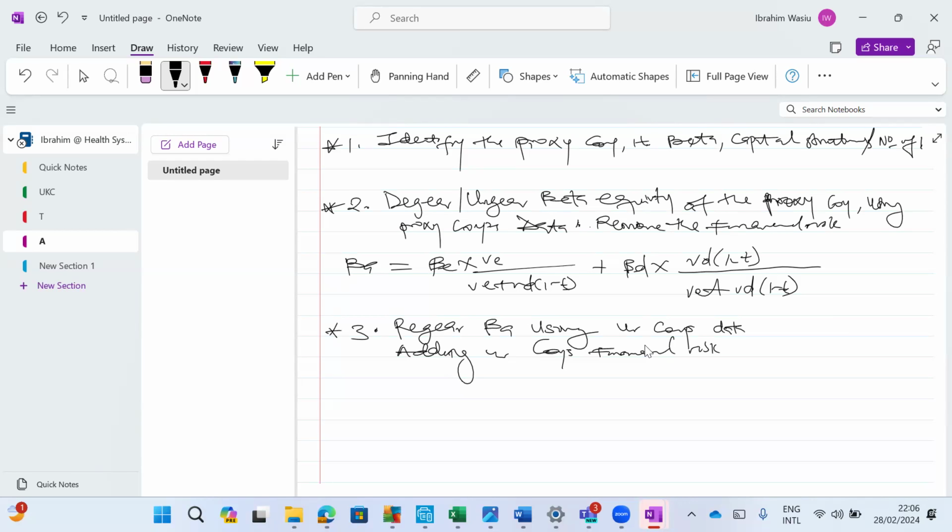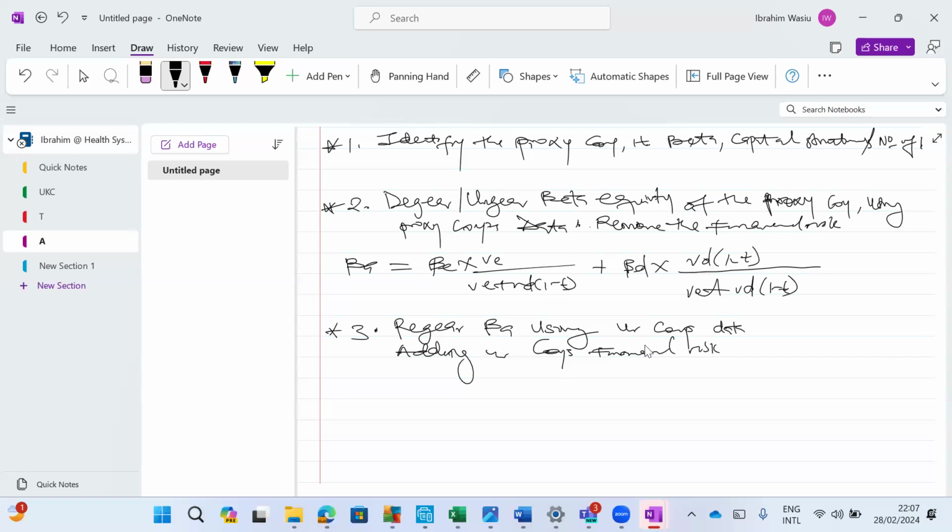Why you are adding it and why you are removing it, let me tell you why. You've checked the proxy company, their own capital structure is 50-50. Equity 50, debt 50. But your own company, the way you want to finance it, could be 70-30. You can see they are not the same thing.